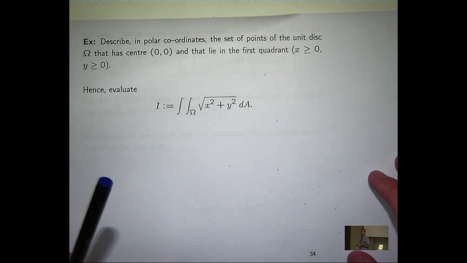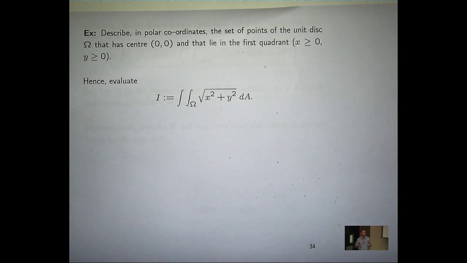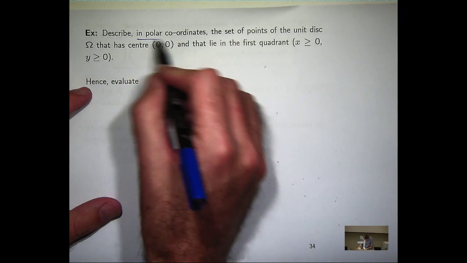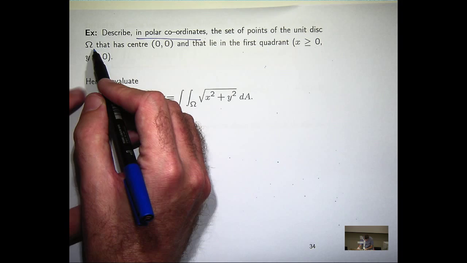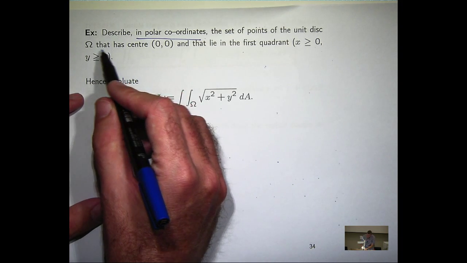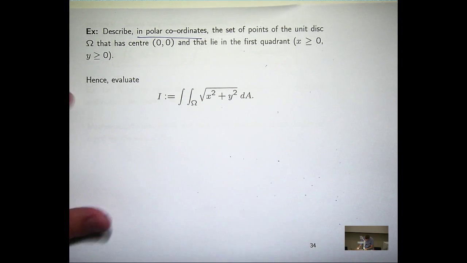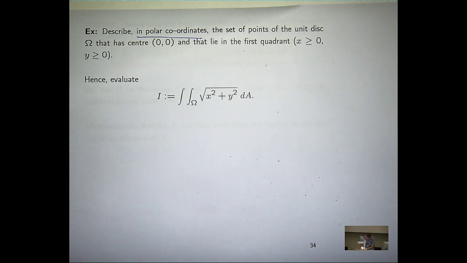Okay, now just to refresh everyone's memory, there's really two parts to these double integrals. Number one, you want to mathematically describe the region of integration using some sort of inequalities. And secondly, you actually want to do the integration. So here we've got: describe in polar coordinates the set of points of the unit disk omega, and that disk has its centre at the origin, and the points of interest lie in the first quadrant.